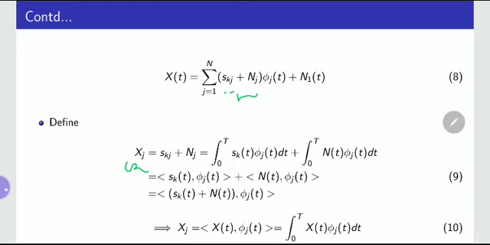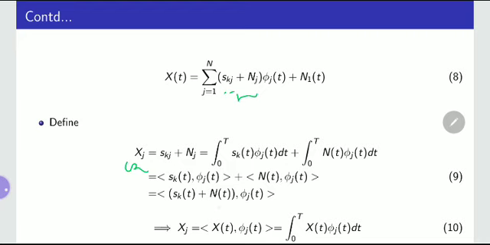So skj is actually the inner product between sk of t and phi j of t, and nj is the inner product between n of t and phi j of t. So xj is the sum of these, that is, the inner product of sk of t plus n of t with phi j of t.